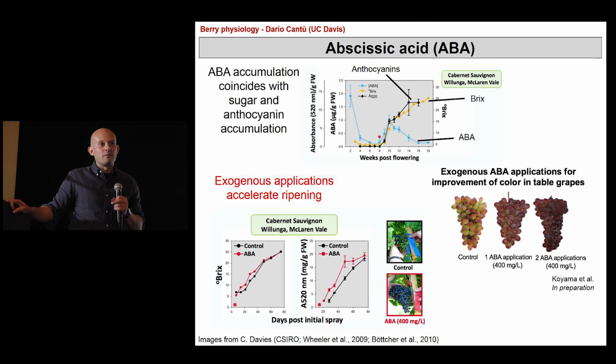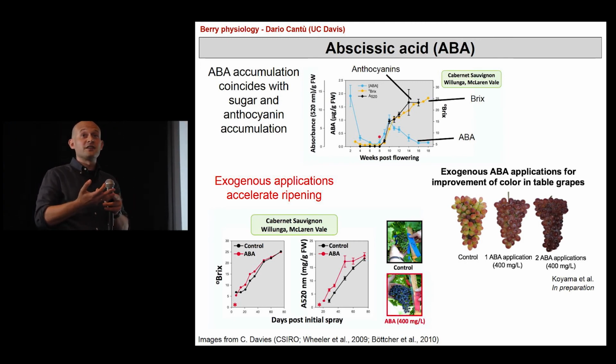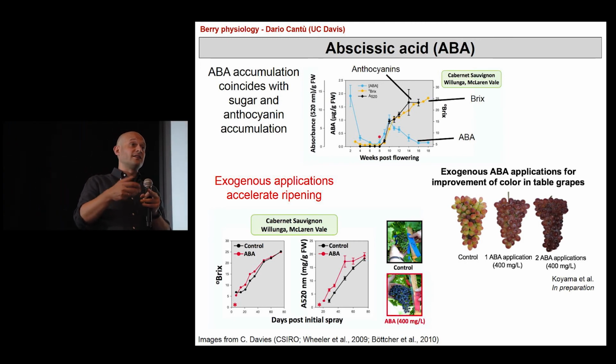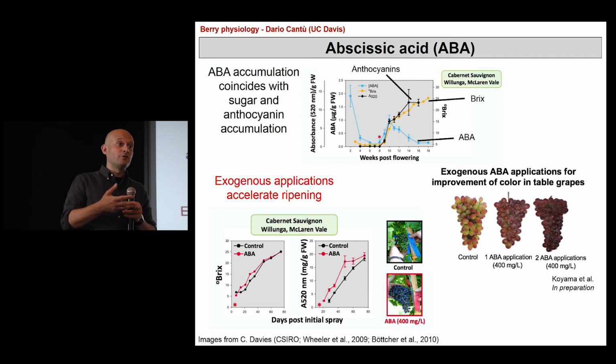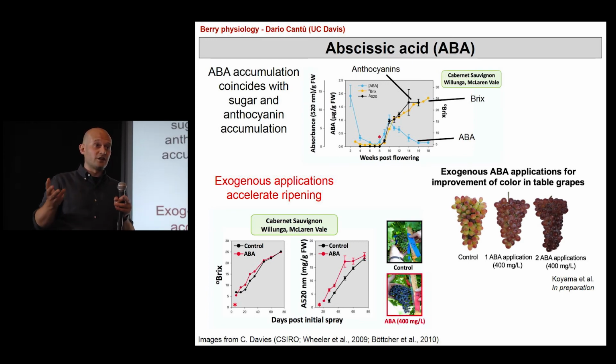And we know there are other hormones involved in color development. Why I wanted to mention this is that we know a lot about berry regulation of these processes, so we may be able to help if we have an open mind. We could think about brassinosteroids, we could think about ethephon treatment. Ethephon is a molecule that releases ethylene as it is applied to a plant, and it is used in horticultural crops very often and is commercially available.